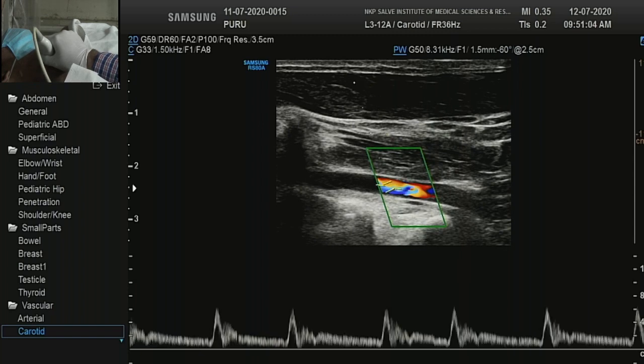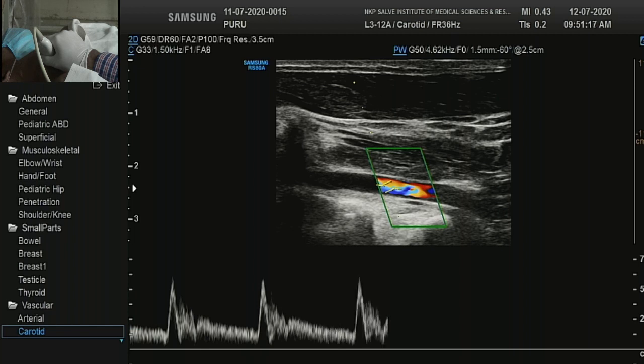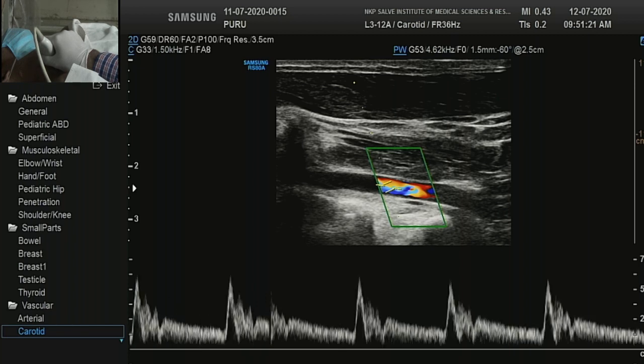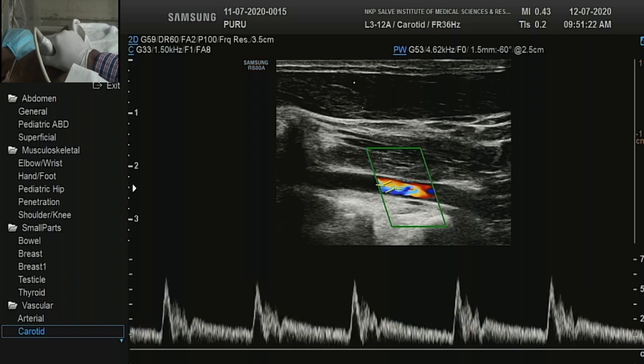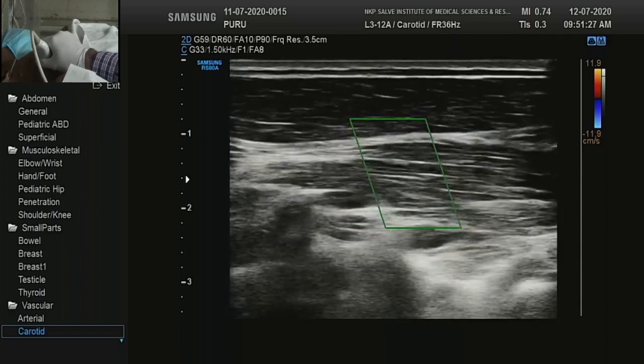Again, vertebral artery is showing continuous forward flow, a low resistance pattern. So we have finished with common carotid and vertebral artery.